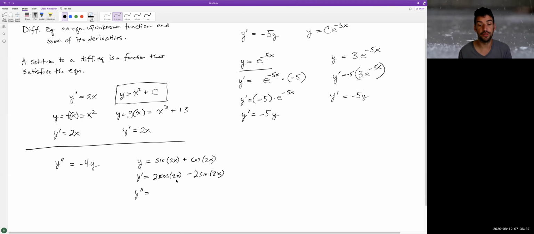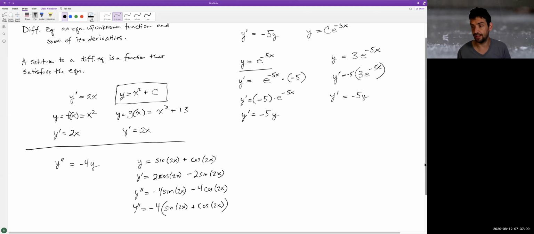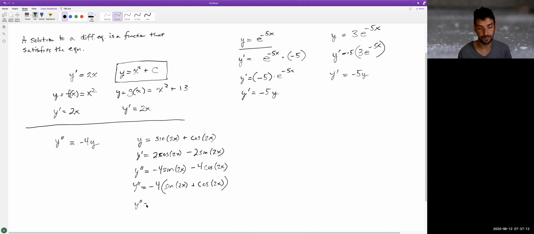And when I take a second derivative, I'll get negative 4 sine of 2x minus 4 cosine of 2x, which I can factor out the negative 4, and I have sine of 2x plus cosine of 2x, and then of course that is just y, negative 4y. And so that function satisfies this differential equation, right?